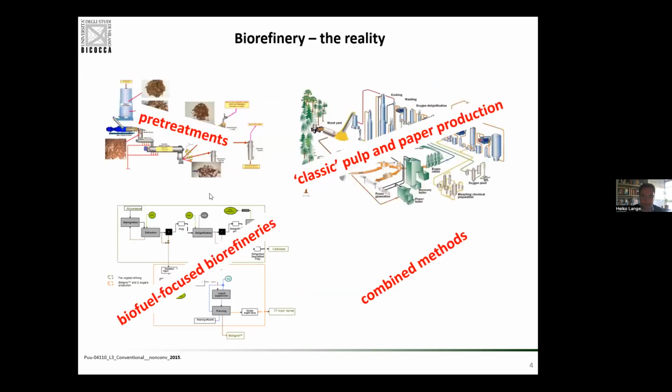When we get the different biorefineries and have a closer look at them, we can see that they are differently organized, obviously, right? Depending on the need, we might have pre-treatments, we might have the classic pulp and paper production processes, and we might have novel processes that aim for the biofuel production, etc.